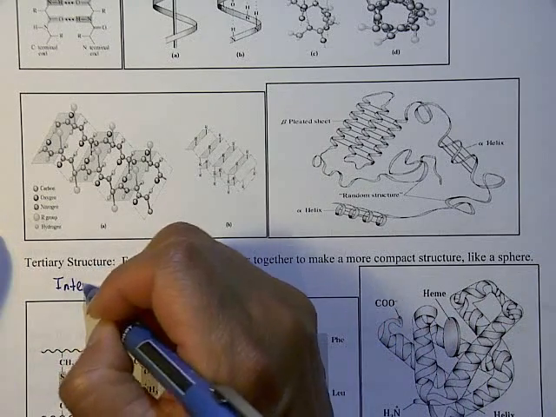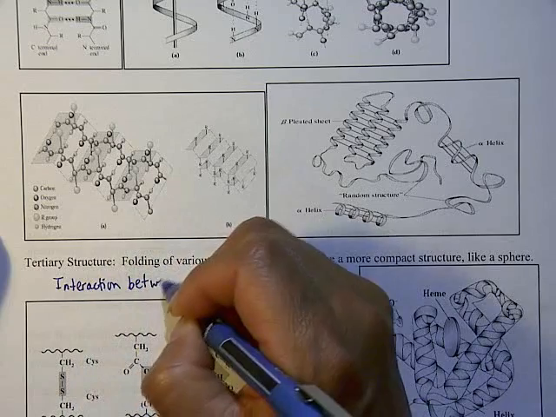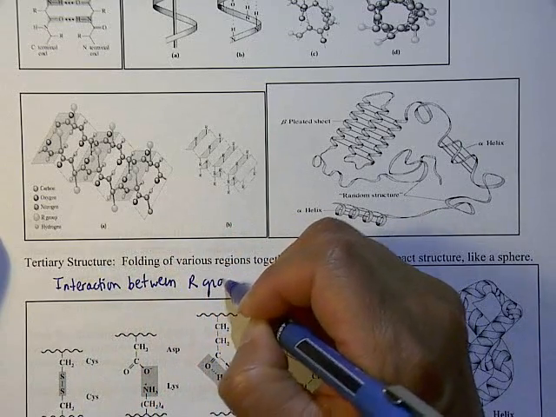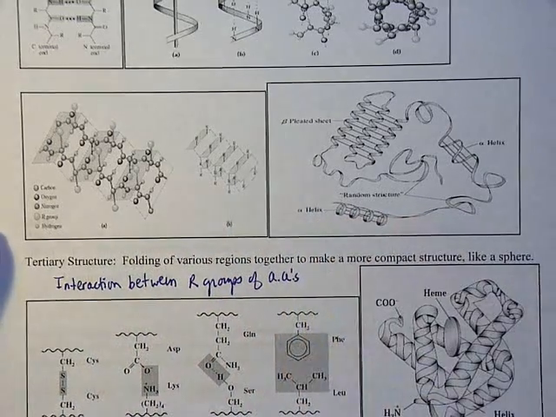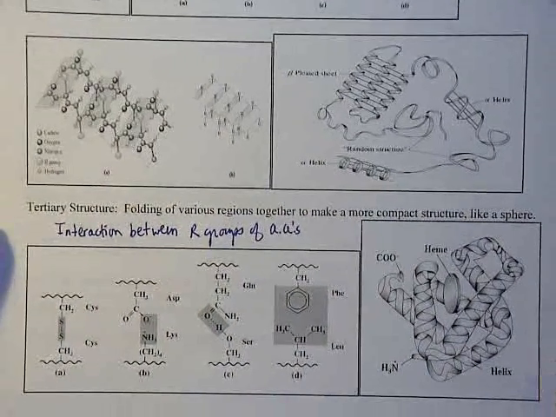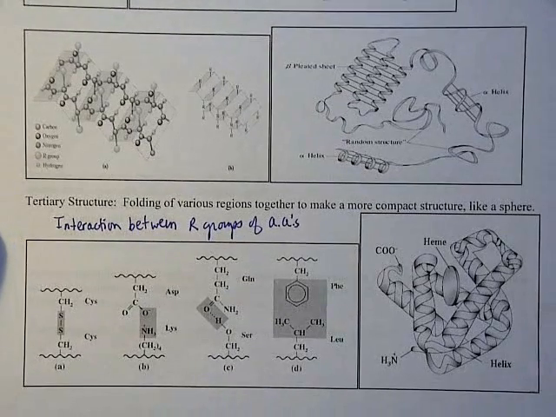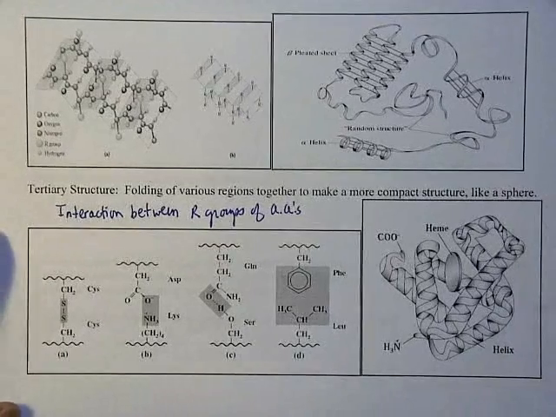So I want to distinguish that interaction between the side chain groups of amino acids. All right. So there are 4 types of these interactions that make up the tertiary structure.